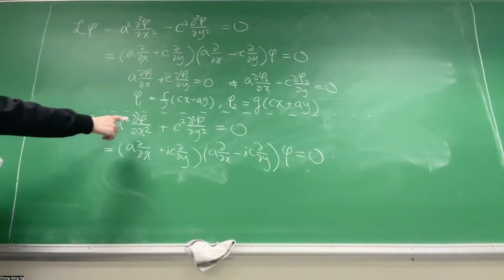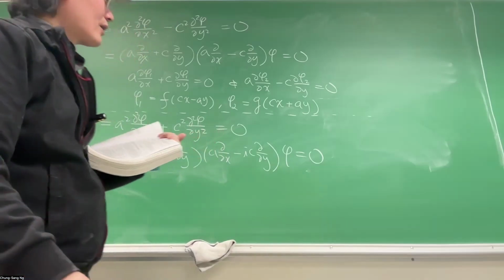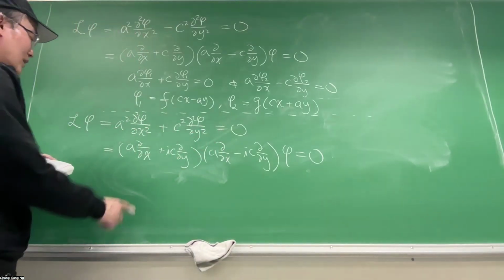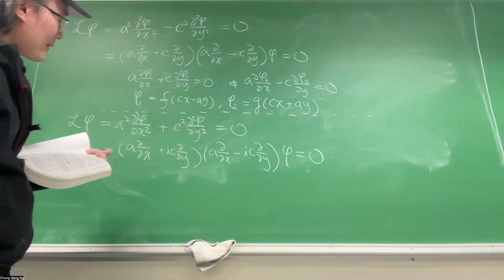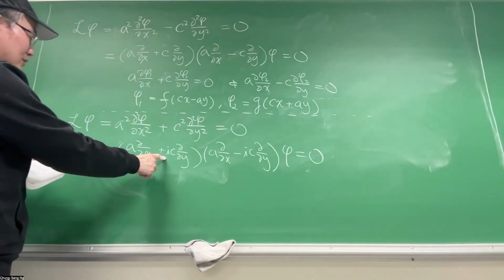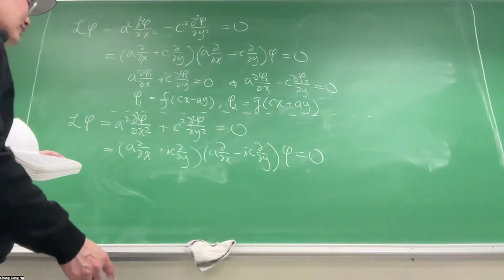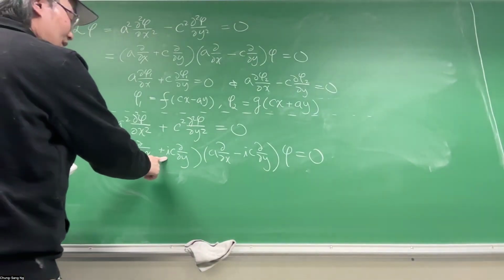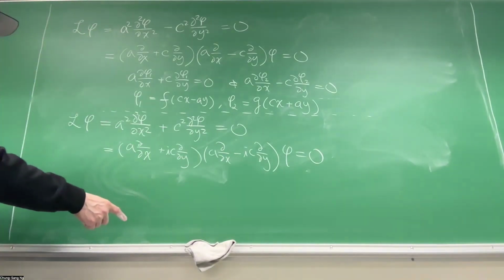Okay, although now you can still put it in the form that we talked about in the last section. It's still constant coefficient in 2 variables, but the major difference is that now the coefficient is not real. Assuming A and C are real numbers, that becomes a complex coefficient for this first order ODE.